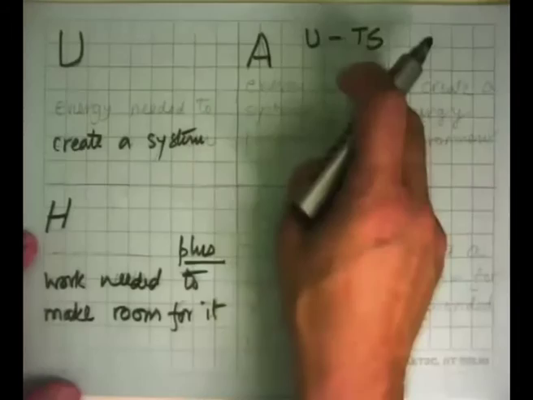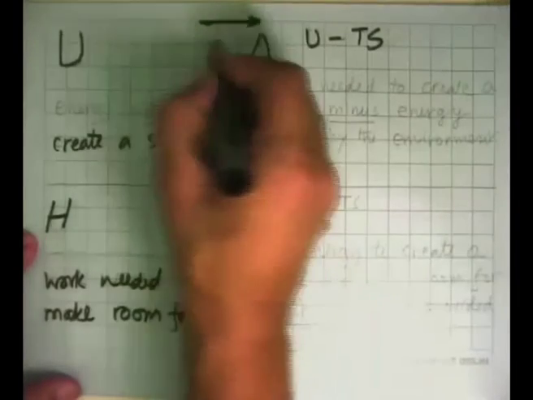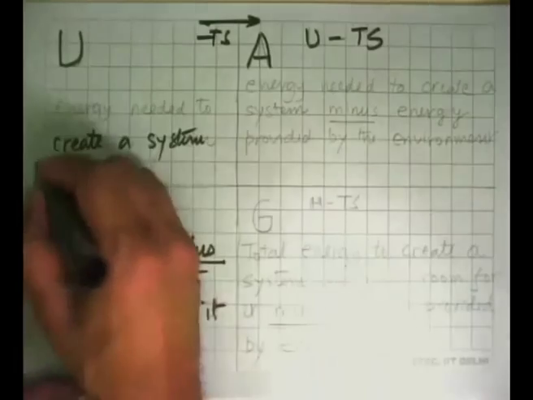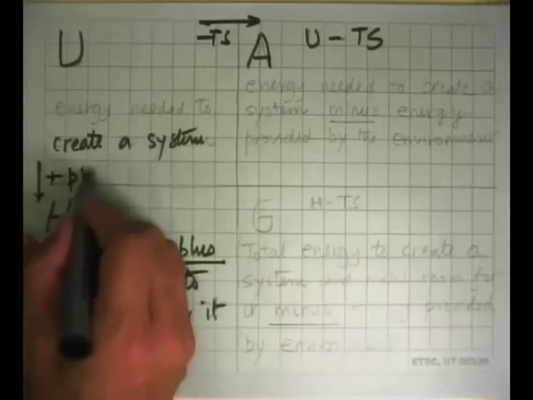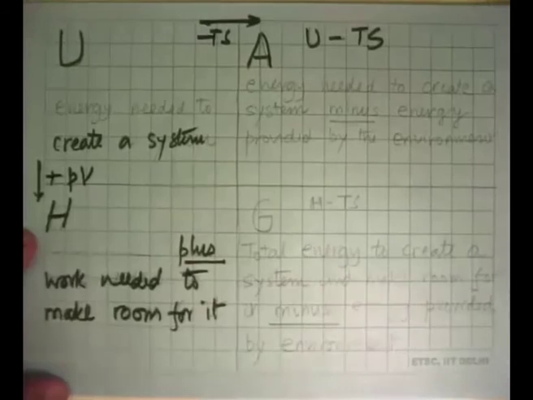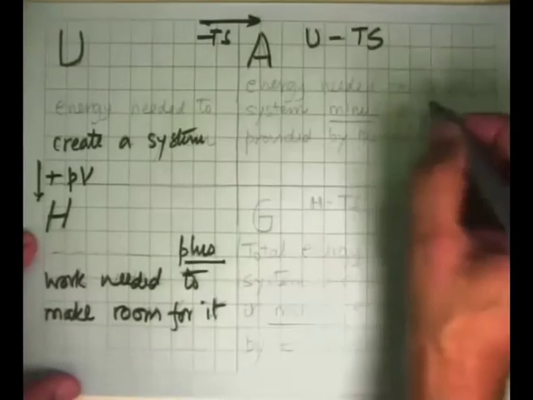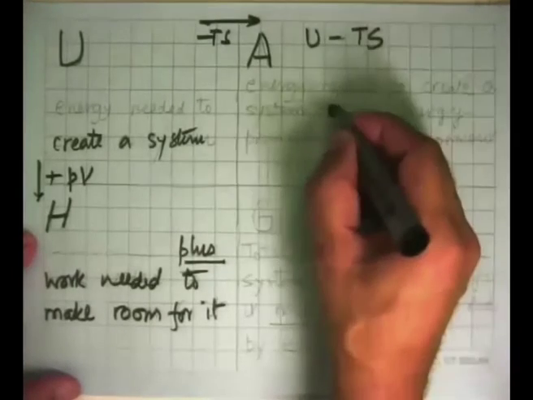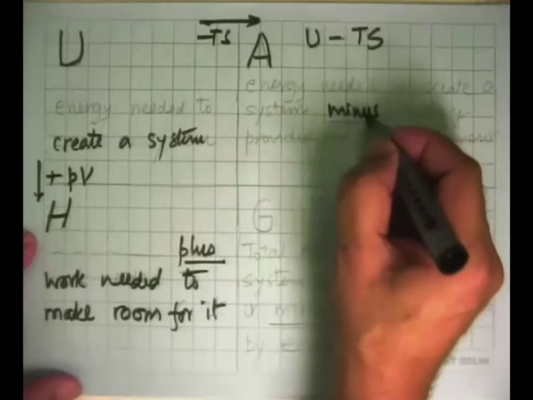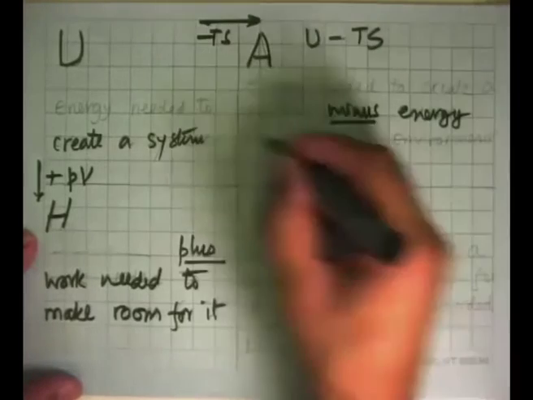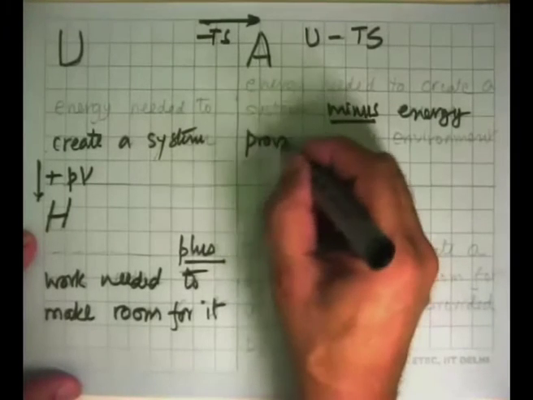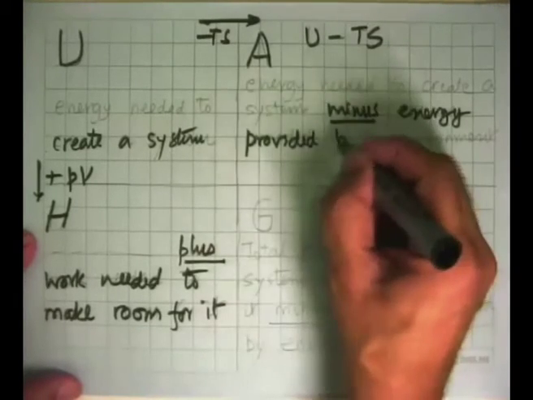This is this minus Ts. So this is the energy needed to create a system, which is U minus the energy provided by the surroundings or the environment.